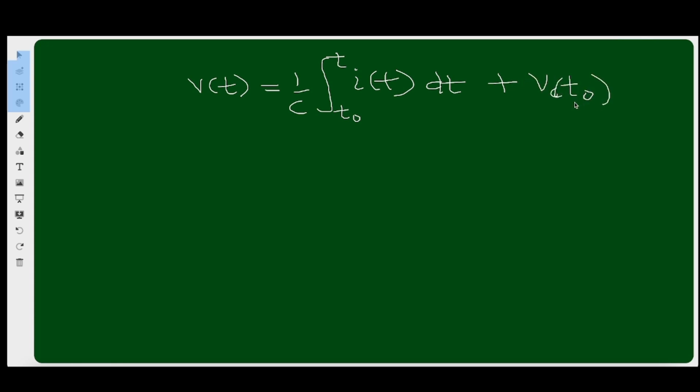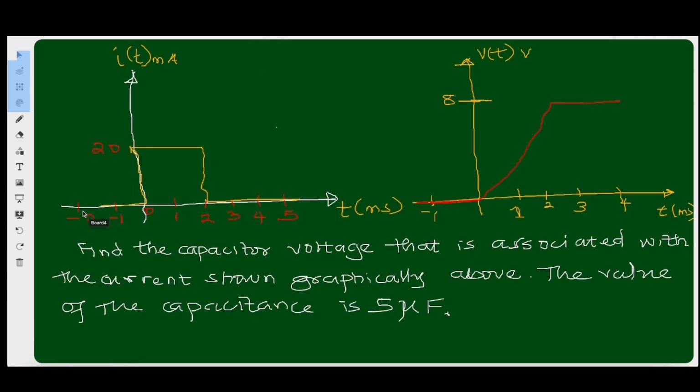Remember our formula. The formula is V of t is equal to what? The integral of 1 over c from t naught to t of I of t dt plus V of t naught. Right? So in that case, for us to get the voltage at 0, what does that mean?